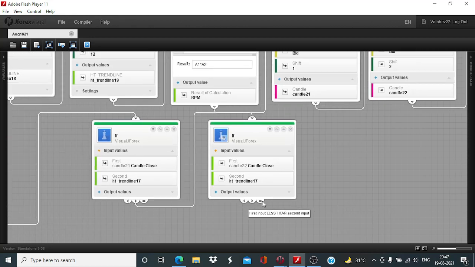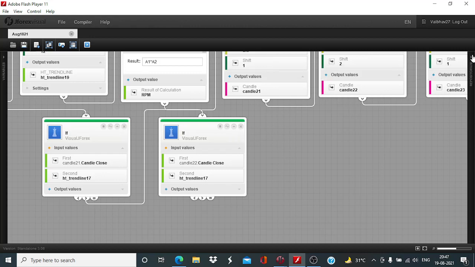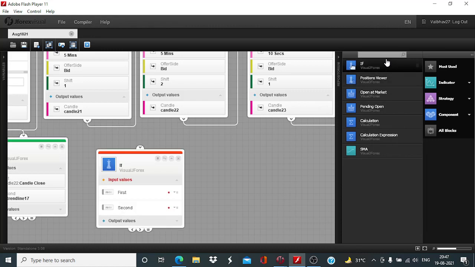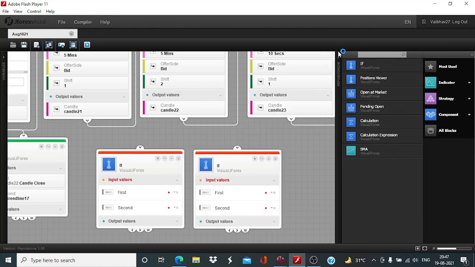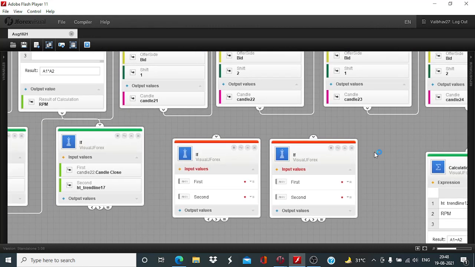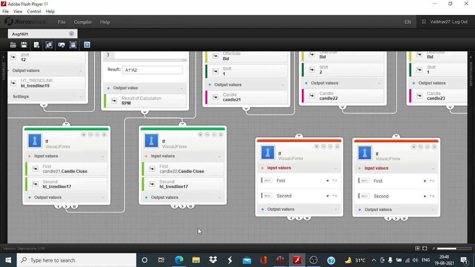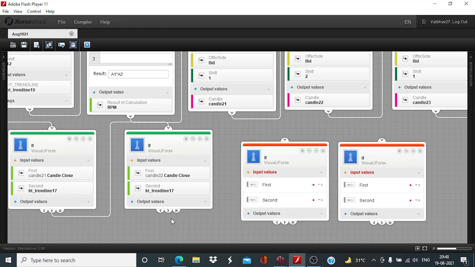So first input less than second input, and after that all we will need is to add the condition that whenever the price starts to rise above the last 5-minute candle close, the order will be placed. So in this case it is going to be first input less than second input.